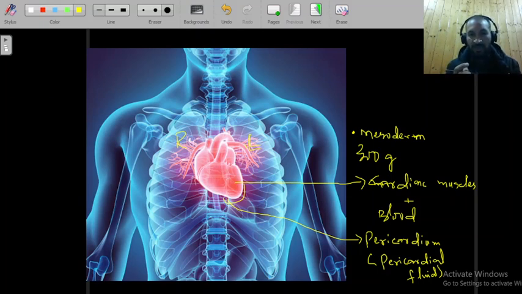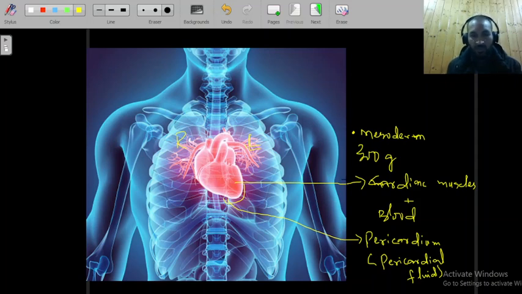So we humans are essentially triploblastic. So during our embryonic development, three germ layers are formed: ectoderm, endoderm, and mesoderm. So this arises from your mesoderm. You can take note of this, that your heart is mesodermal in origin, and your heart is of the size of your fist.